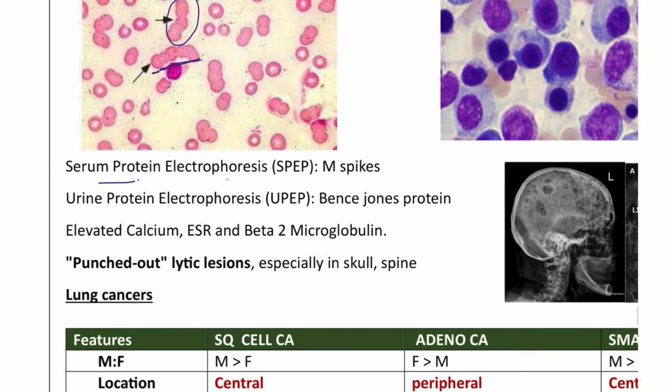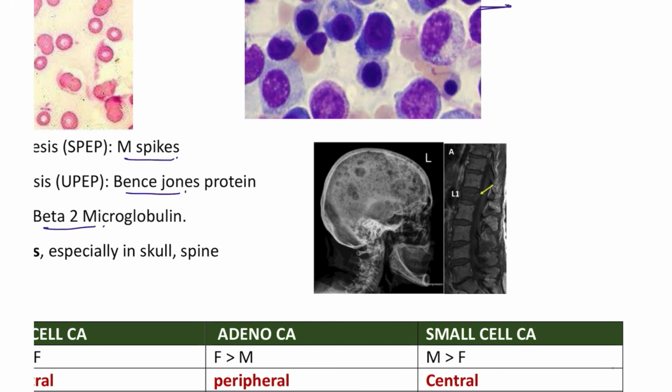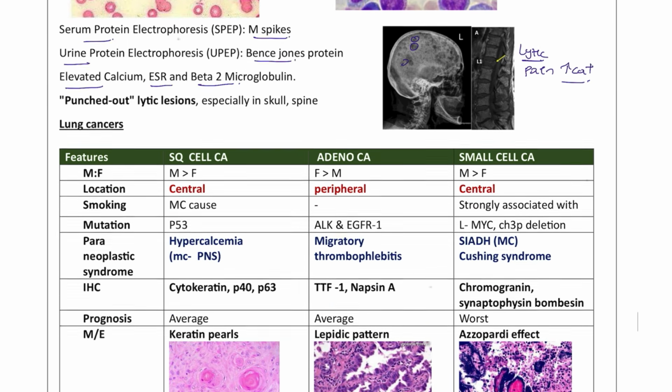On serum electrophoresis, you are going to see the M spike. In urine, you are going to see Bence Jones protein, elevated calcium, ESR and beta 2 microglobulin. And on X-ray, lytic lesions. This is the key: lytic, punched out lesions with pain and elevated calcium. Just remember, it is going to be multiple myeloma.